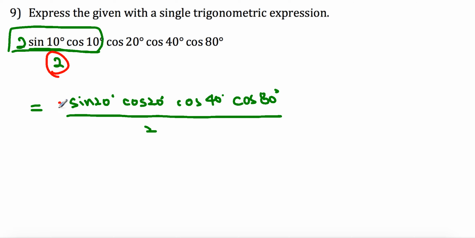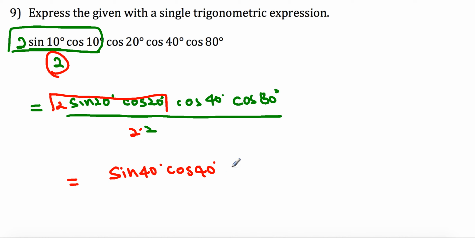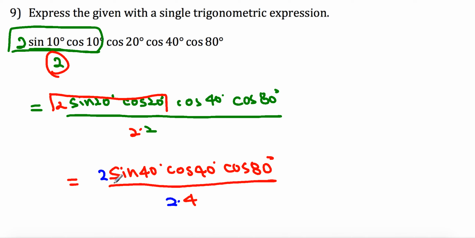So if I multiply top and bottom by 2 one more time, then I can see that this portion becomes sine of 40 by the double angle formula. So you get sine of 40 degrees times cosine of 40 degrees and cosine of 80 degrees. Here we get, that's it, over 4. Then of course I'm going to multiply by 2 and 2 one more time. Then this portion becomes sine of 80.